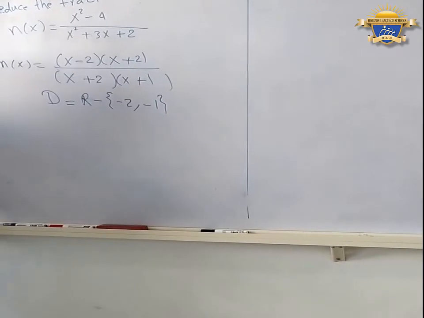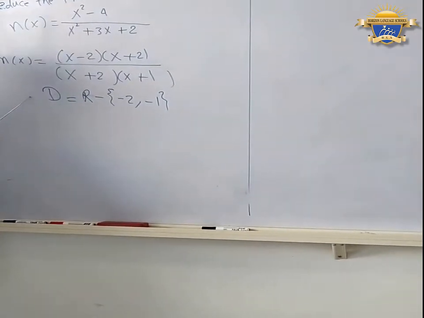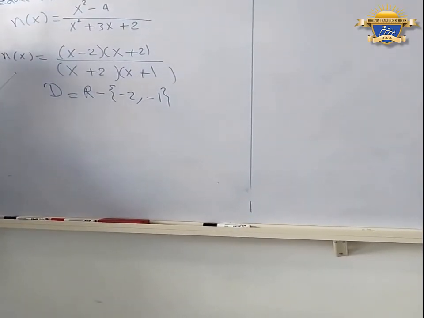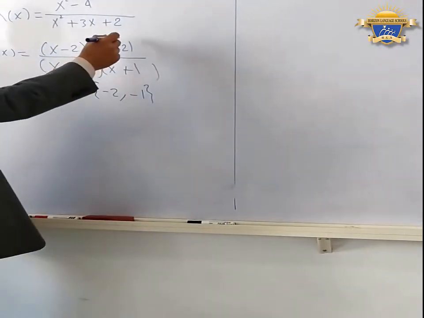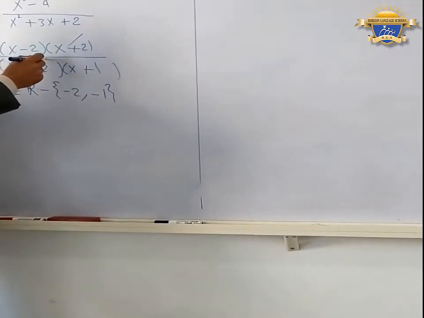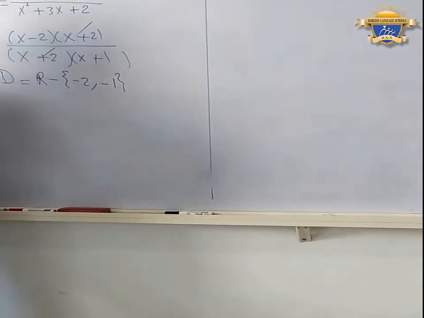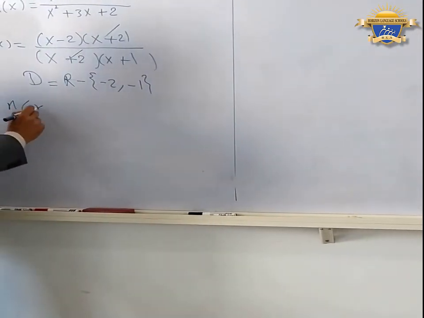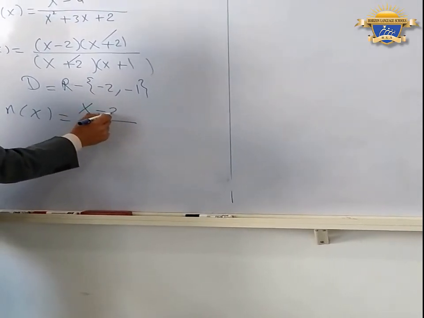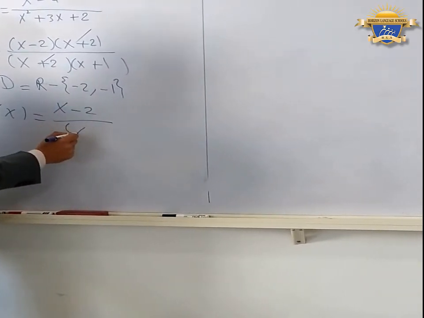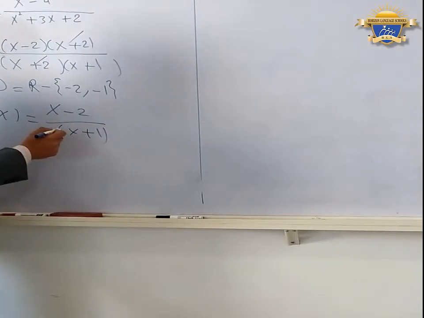After determining the domain of this fraction, we can remove the common factors. Removing x plus 2 with x plus 2, n of x becomes x minus 2 over x plus 1.